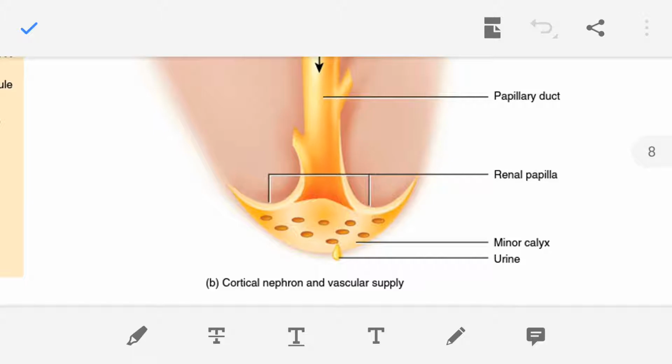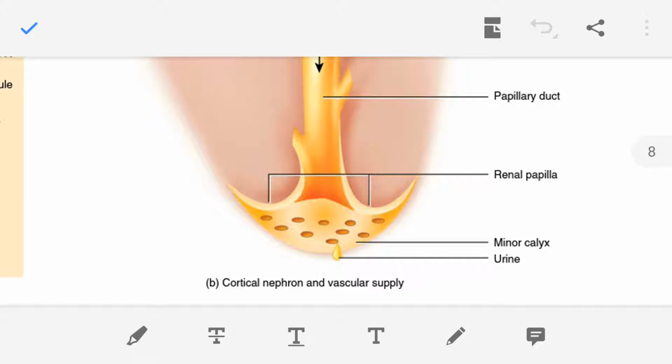When the filtrate is moving, in urine formation there are three stages. First is the glomerular filtration stage, then the second and third are reabsorption and secretion. In these three stages, the filtrate is converted into urine. That's why finally the urine is shown.